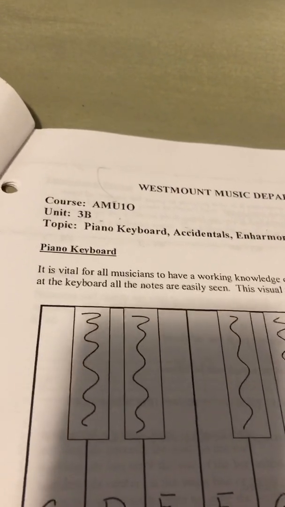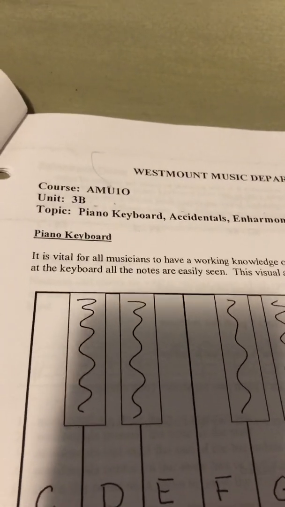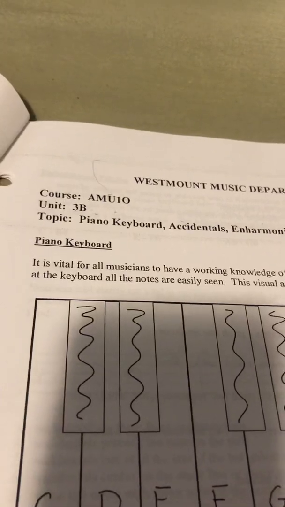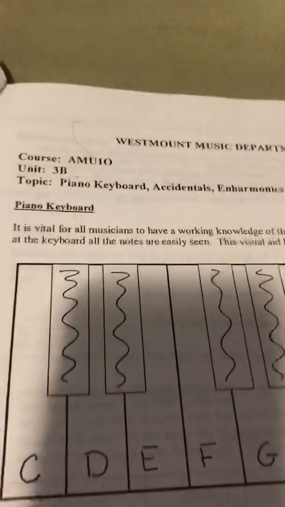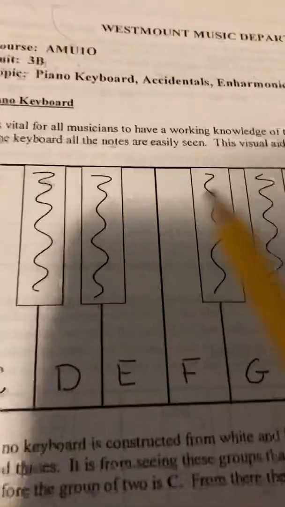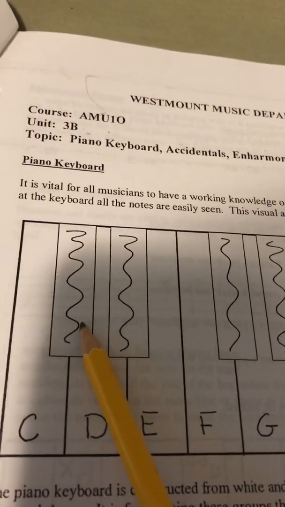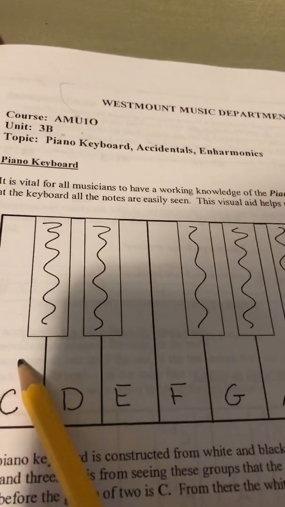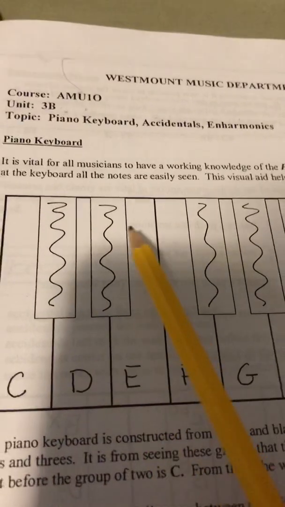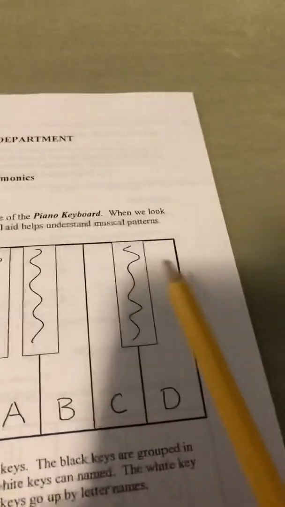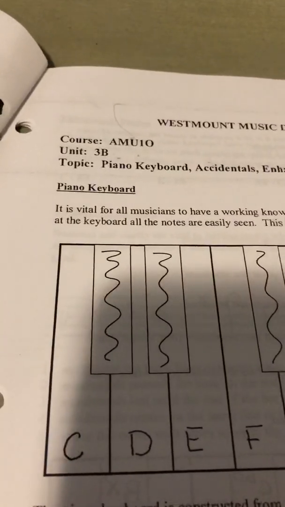When we look at the keyboard, all the notes are easily seen. This important visual aid helps us understand musical patterns. So, these are the black notes, and these are the white notes. The black notes are in groups of 2 and 3, and then it's always repeated. 2, 3, 2, 3, 2, 3.